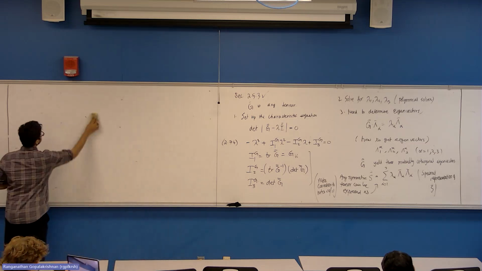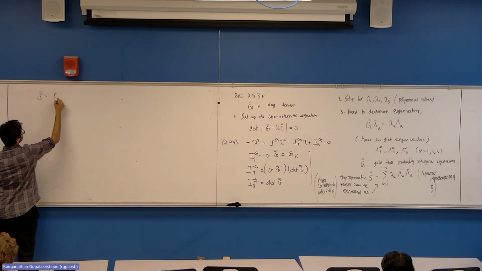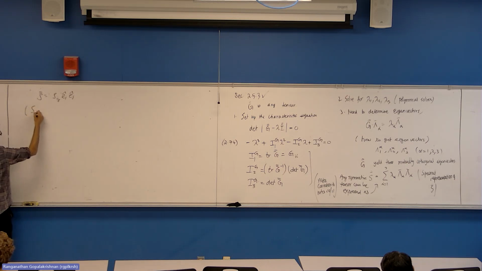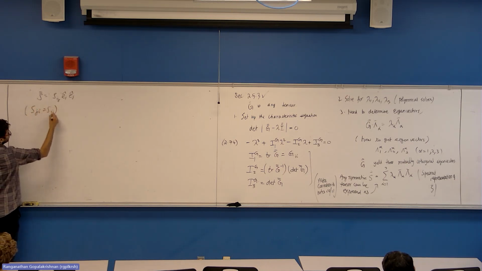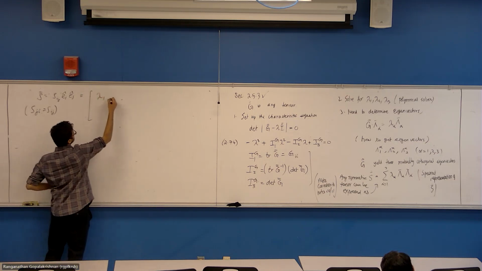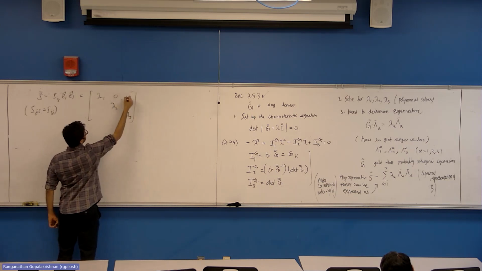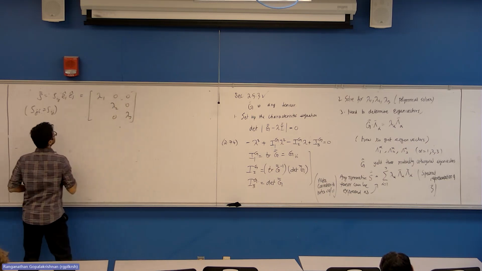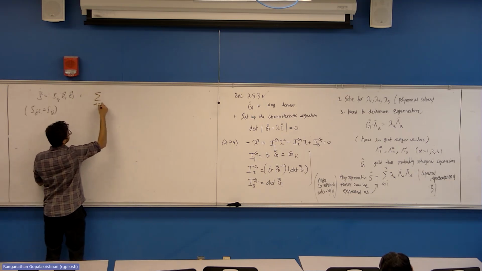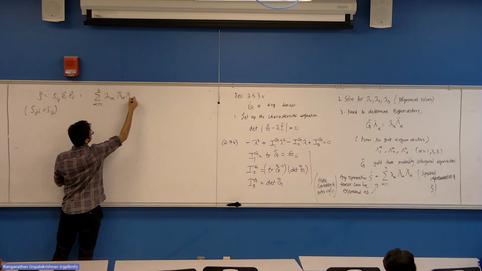So if you write a symmetric tensor S, that is equal to S_ij E_i E_j, and you know it's symmetric because S_ji is equal to S_ij. This is also equal to the sum over alpha equals 1 to 3 of lambda alpha, gamma alpha, gamma alpha.